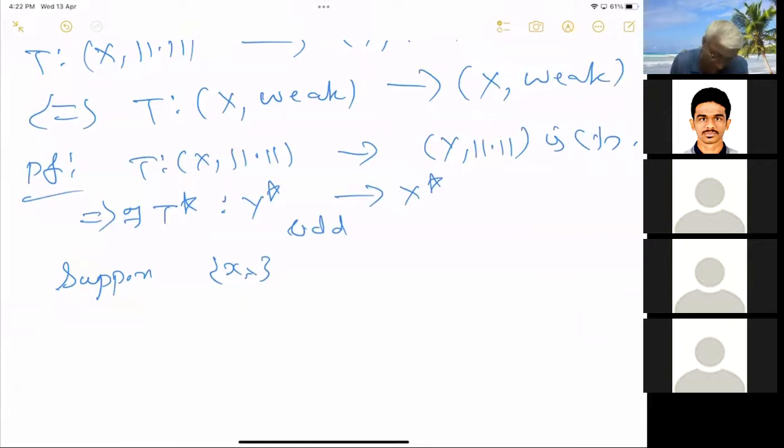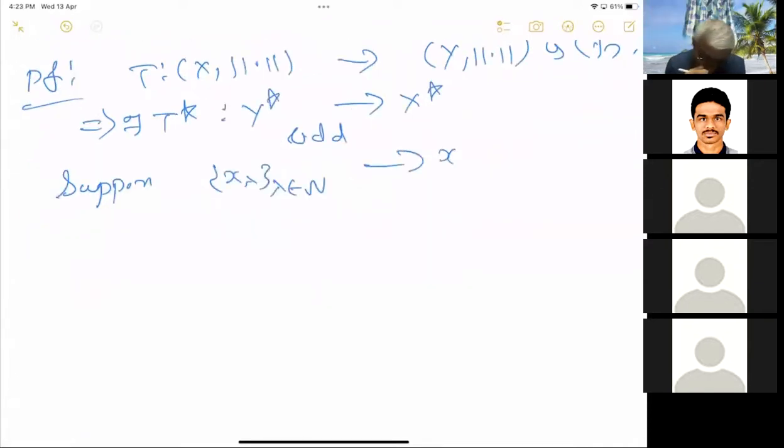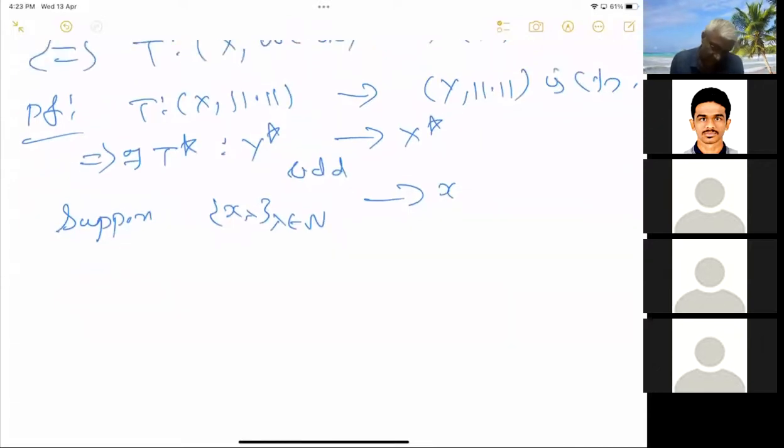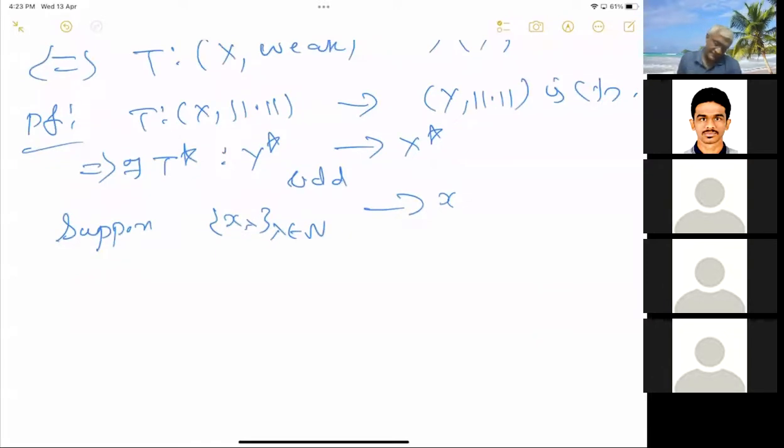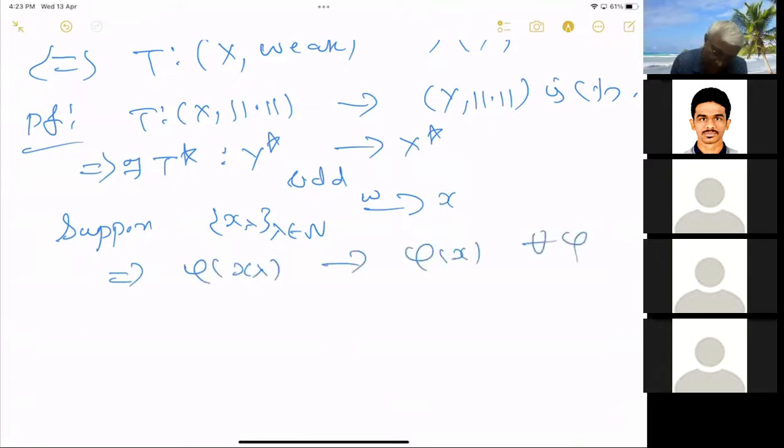I will just write lambda, but you can consider it a sequence of x lambda converging to x. Suppose x lambda converges to x. Converging in weak topology means phi of x lambda converges to phi of x for all phi in X star.